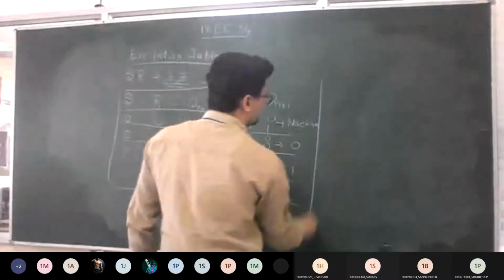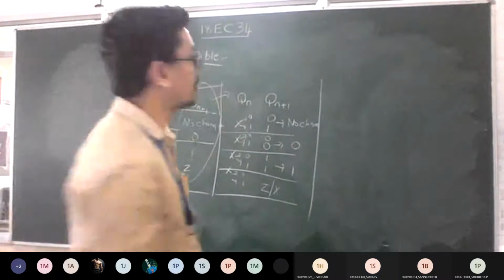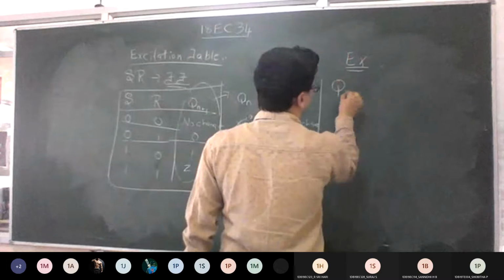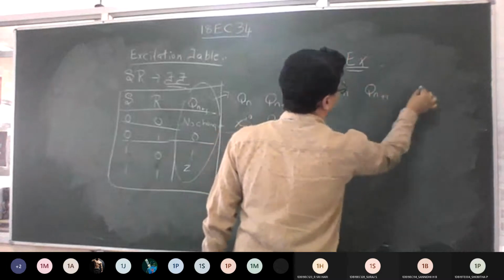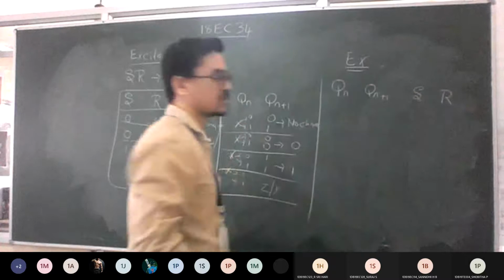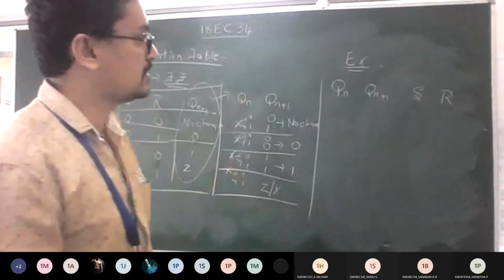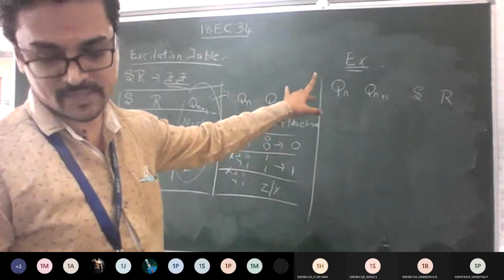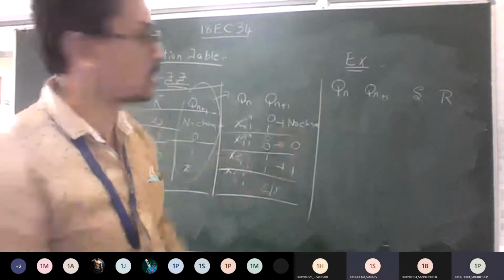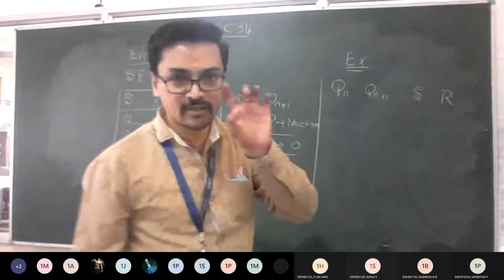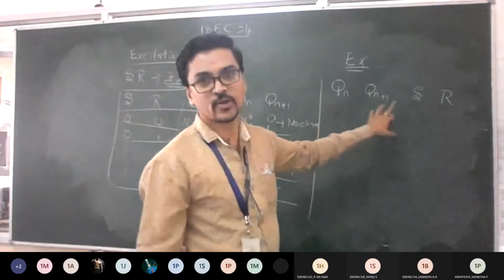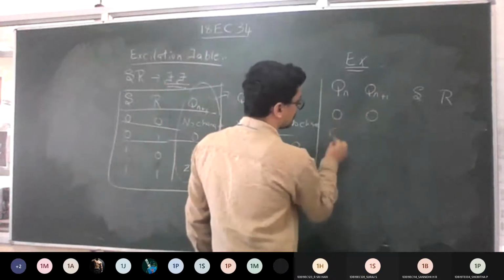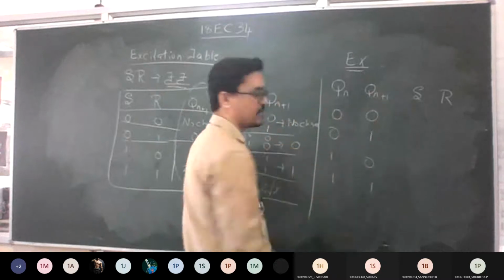So now let me try to write an excitation table for it. So this is the excitation table, which involves Qn, Qn plus 1, S and R. Now I will tell you how to fill this table. Is it visible there what I'm writing? Okay, fine. Now look here. Whenever you plot any excitation table, for Qn and Qn plus 1 there are 4 combinations: 0, 0, 0, 1, 1, 0, 1, 1.